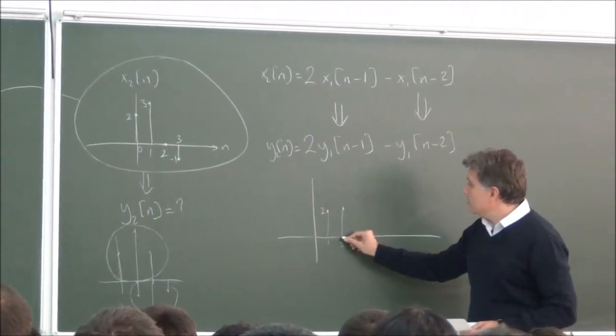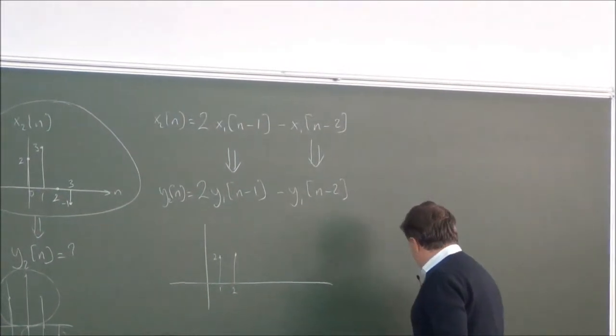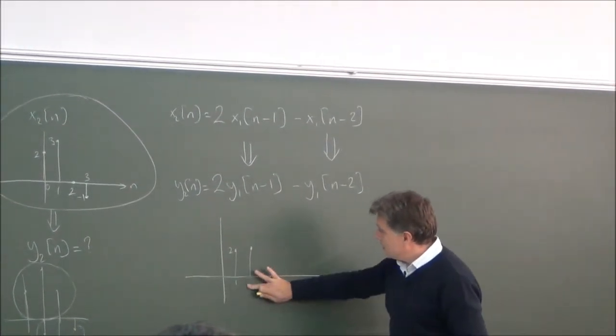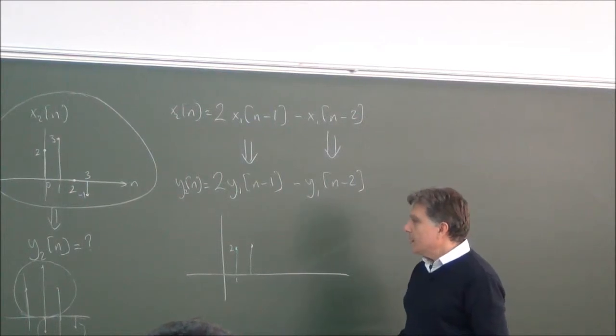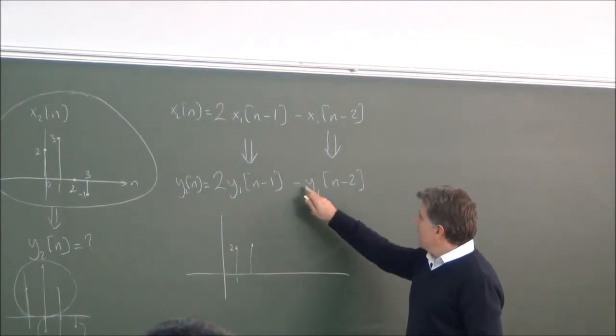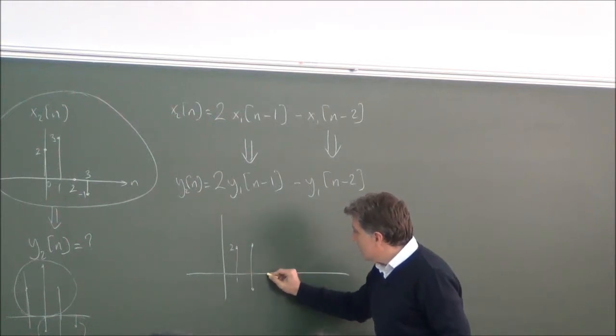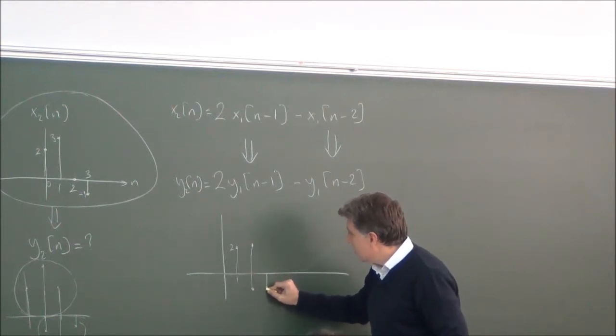So it starts from 2. I'll draw with a yellow, but I don't know whether it's visible. And it's scaled by minus 1, so it is minus 1 and minus 1.